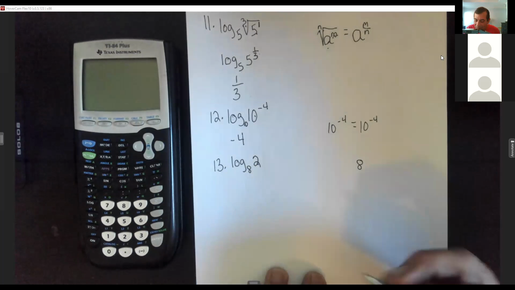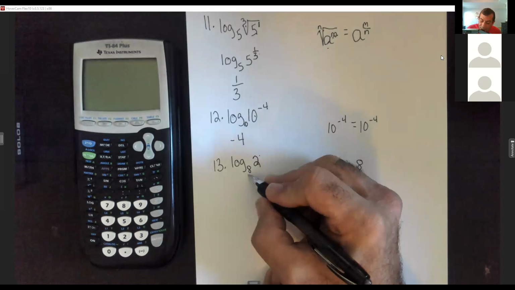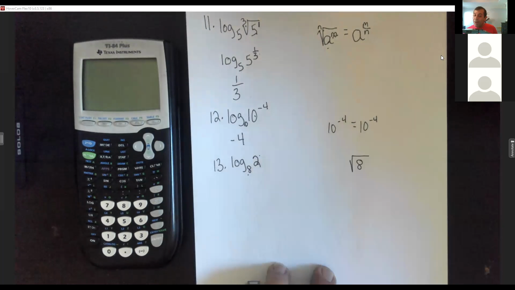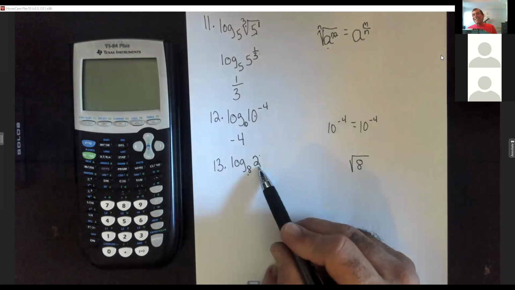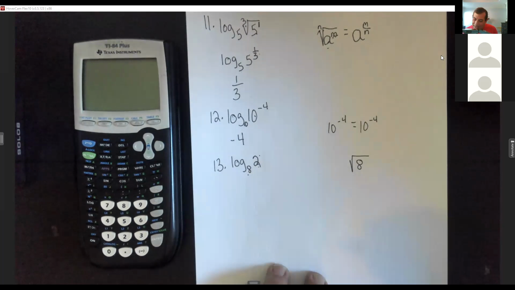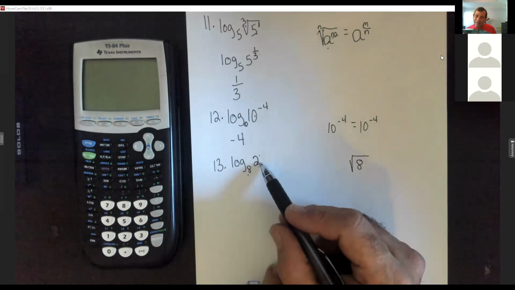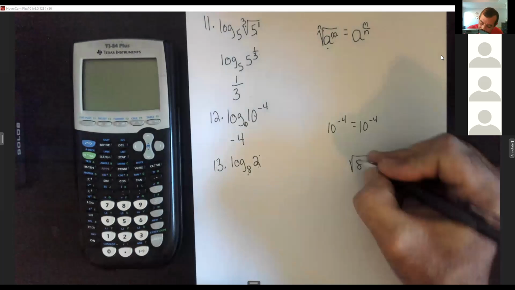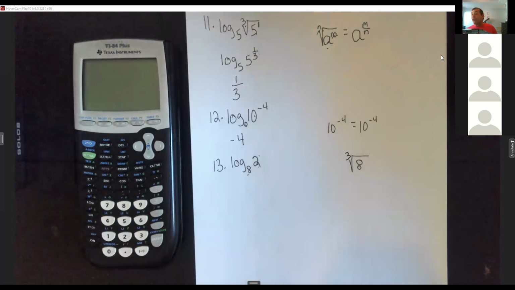Because anytime that result is smaller than that base, you're taking some kind of root. But it's not a square root because the square root of 8 ain't no 2. So let's think, how many times will we multiply 2 times itself to make it an 8? So that would be 3. That'd be 3. So that means to turn the 8 back into a 2, you would have to take a cube root of that 8.